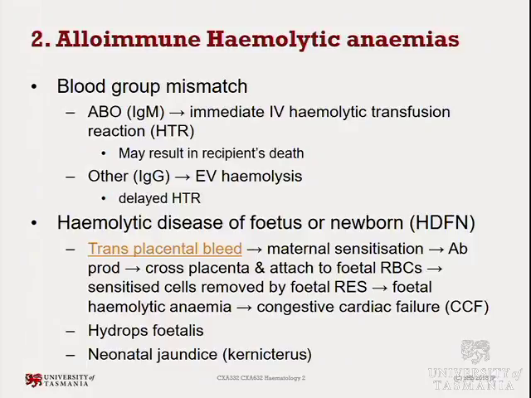Because unconjugated bilirubin is fat soluble, it dissolves into the fatty tissues of the body, including the brain. And so we can end up with issues around brain development, and it ends up something that's called kernicterus.